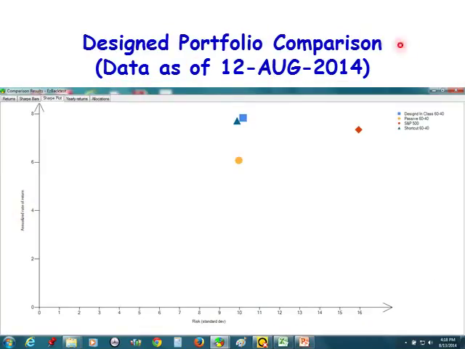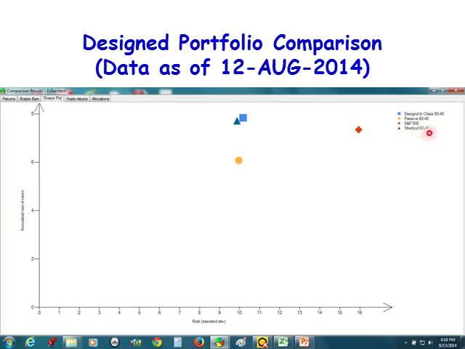Okay, here's the comparison of the portfolios we have so far. The designed portfolio, which is this filled-in square right here, had a higher return and slightly higher standard deviation. Returns are on this axis, and the x-axis is the risk. High return on a slightly higher risk.